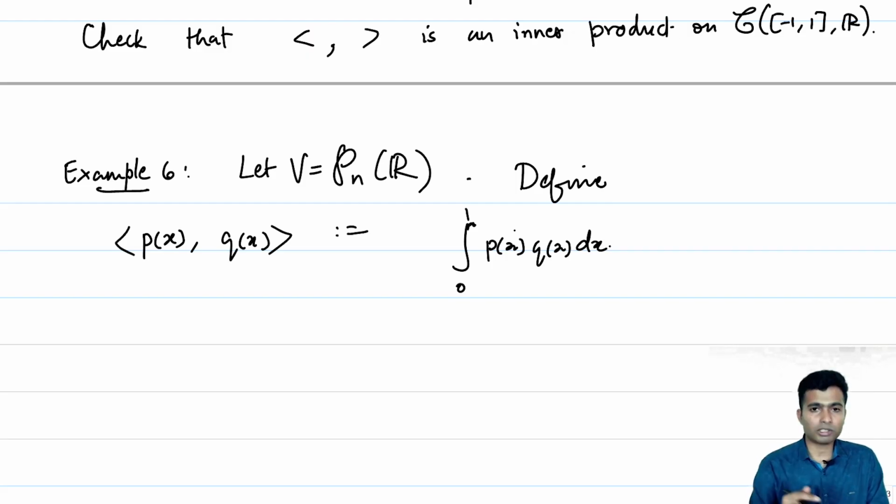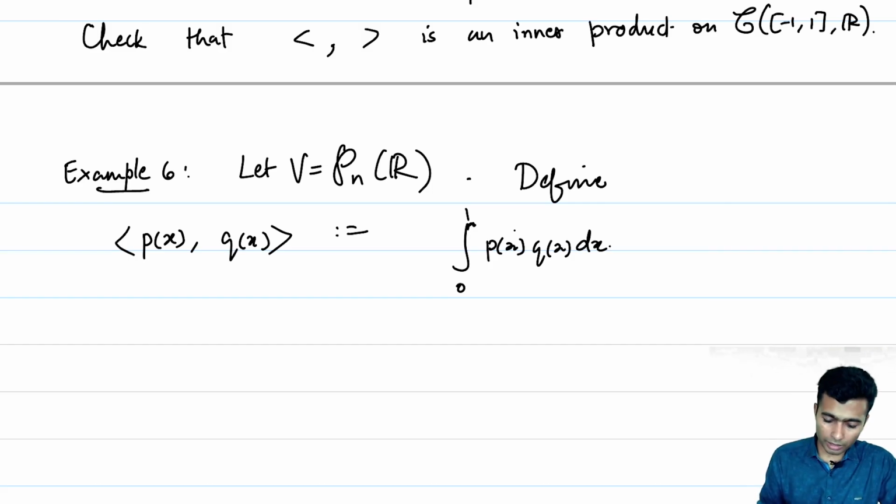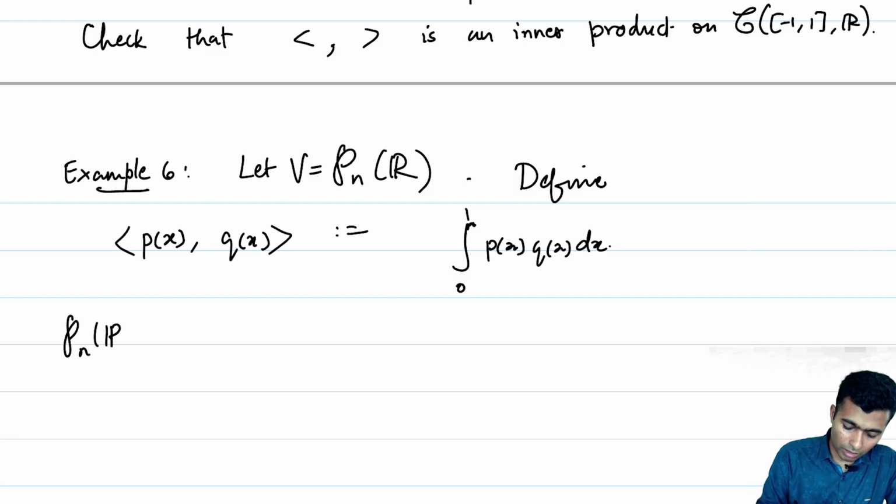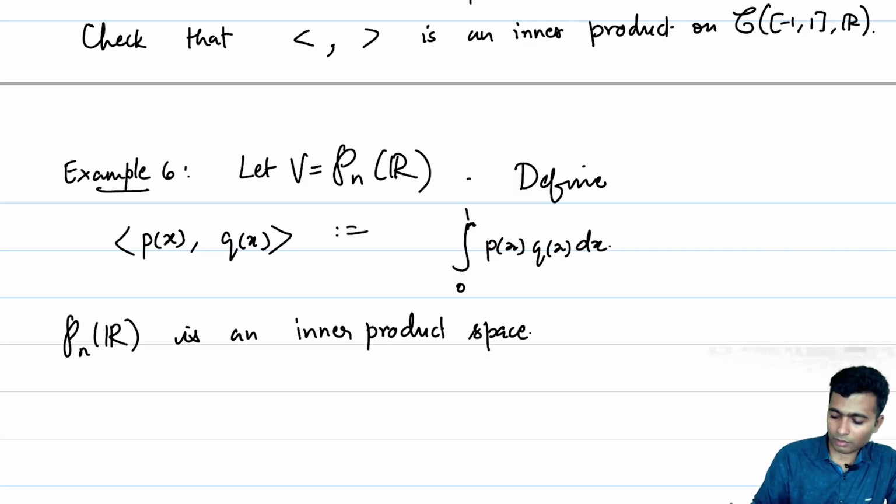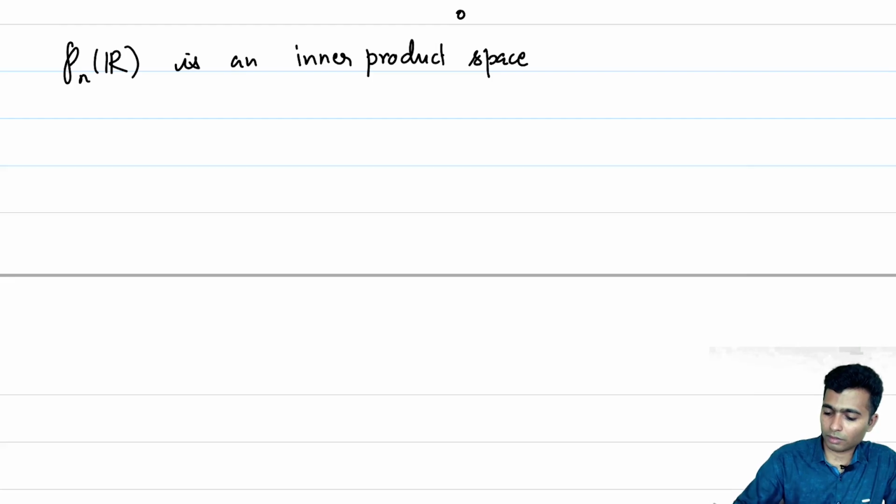And once we have established the three properties for C[0, 1], it's easy to see that with this same definition, Pn of R will also turn out to be an inner product. So Pn of R is an inner product space with the above inner product.